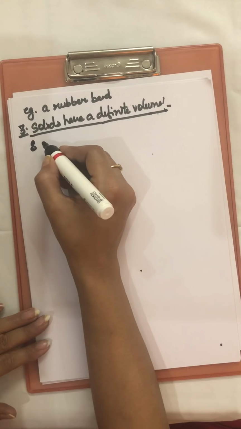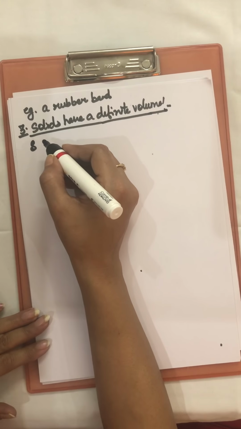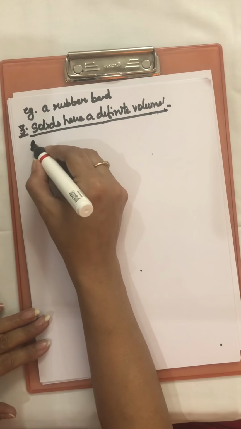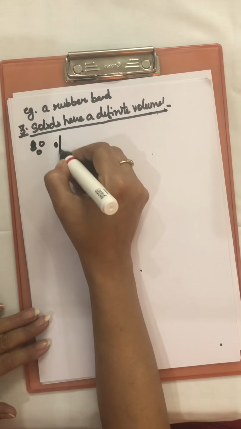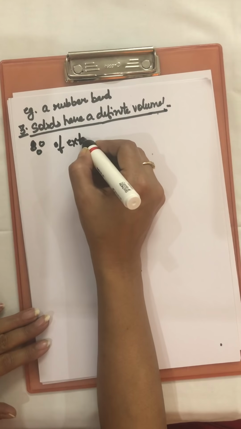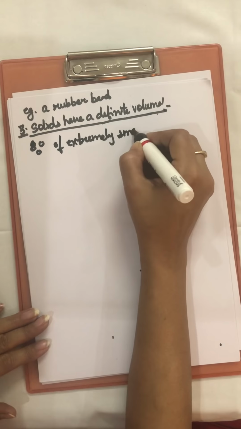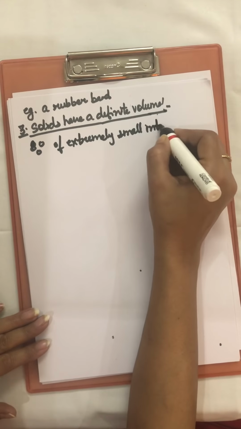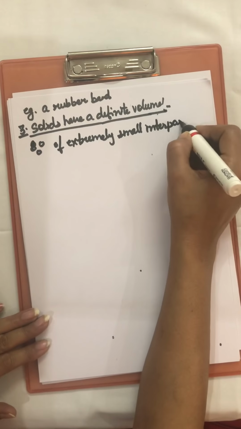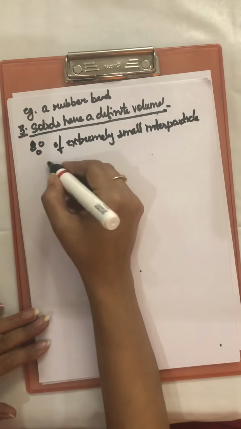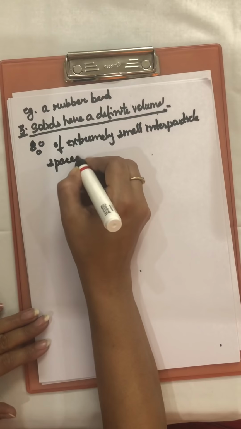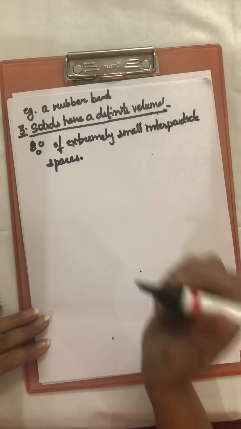Solids have a definite volume and they cannot be compressed. Solids we cannot compress. This is because of extremely small interparticle spaces in the solid particles.